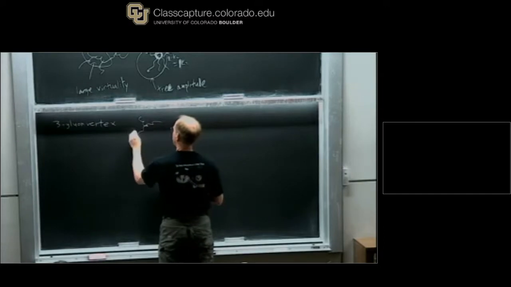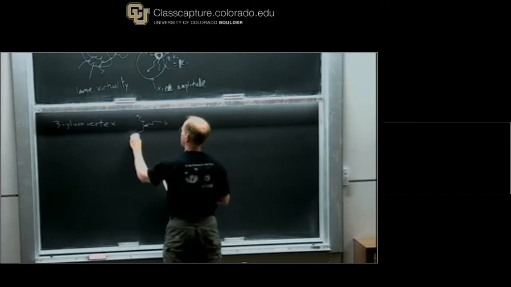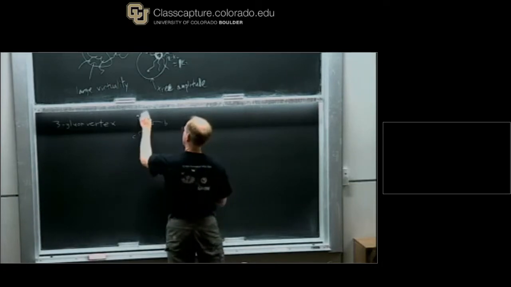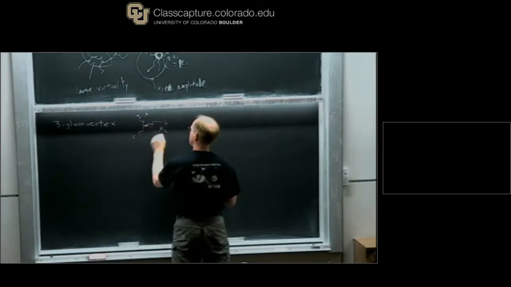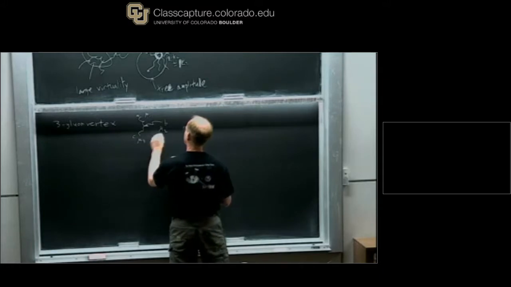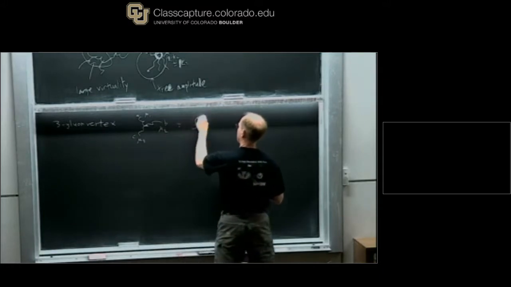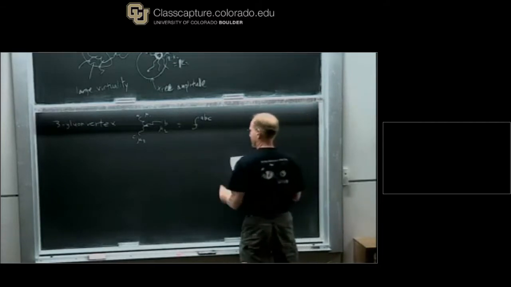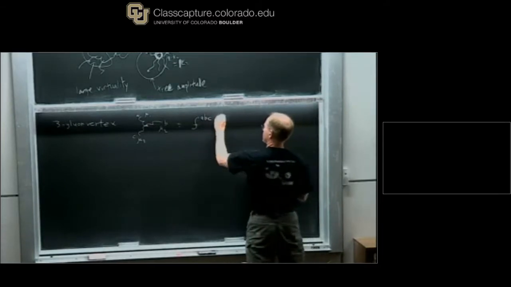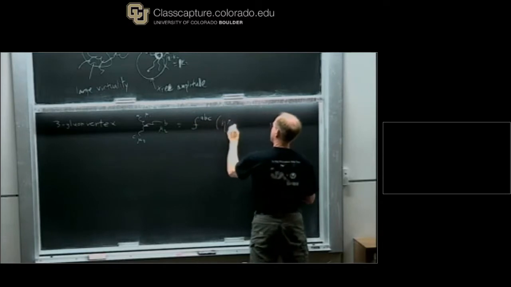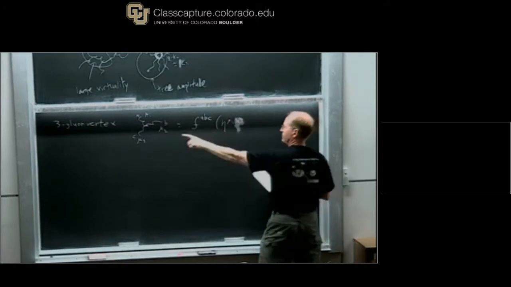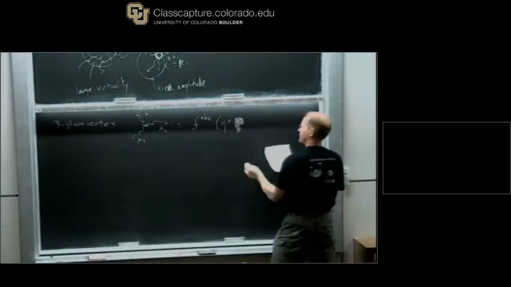Generically, the three gluon vertex might have some labels A, B, C, mu1, mu2, mu3. It involves the Lie algebra structure constants for the gauge group. And then it has a term with the Minkowski metric coupling together these two indices.